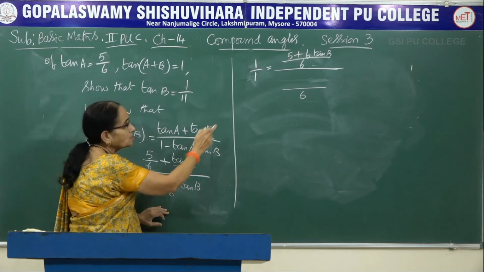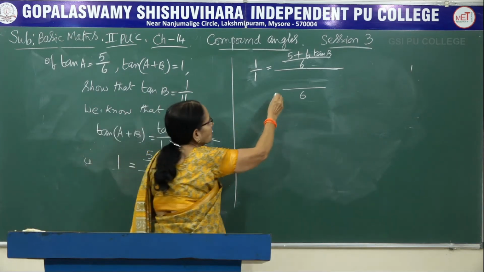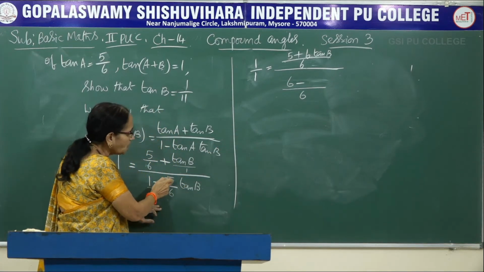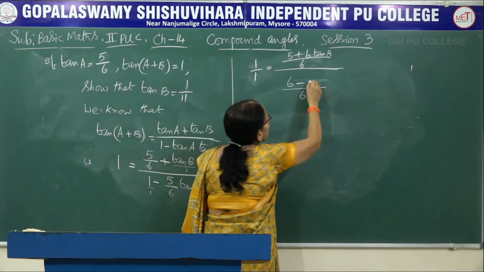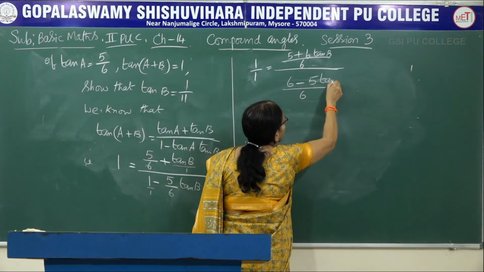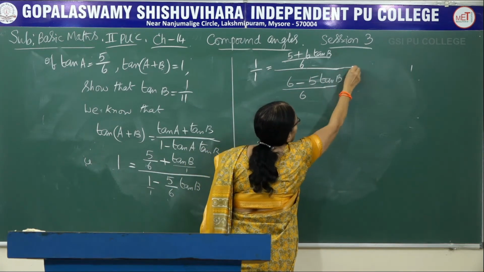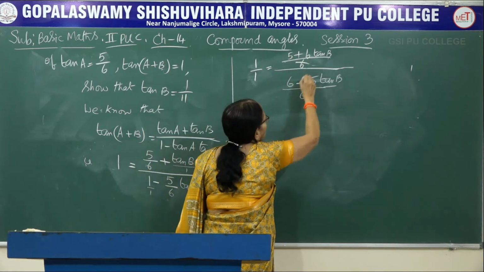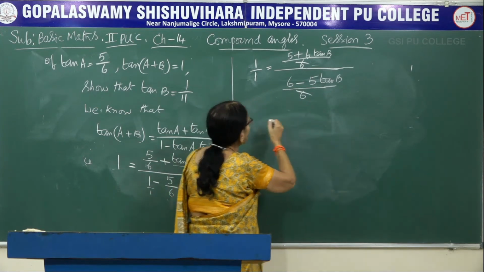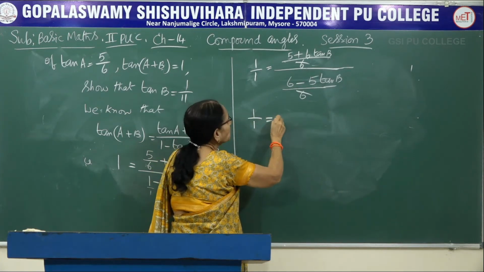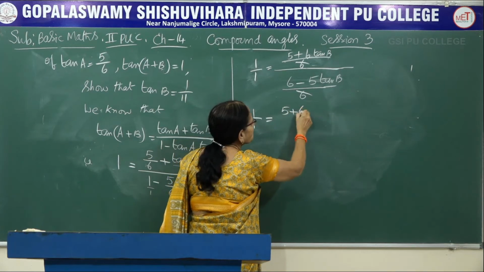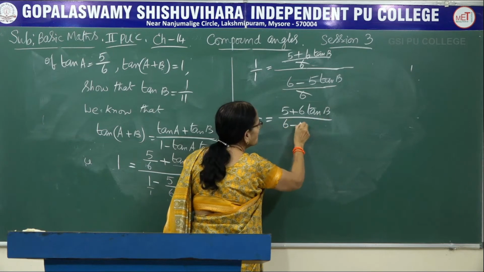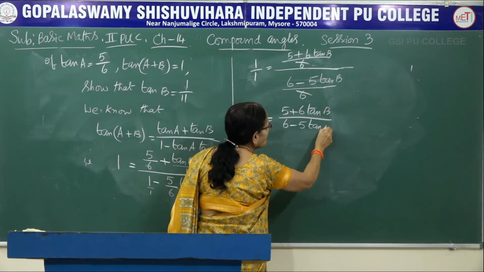Now here 1 6 is 6 into 1 minus 6 ones are 1 into 5 into tan B. So that is 5 tan B. In the previous problem we had 1 there, so it was easier. First step is cancel this 6. After cancellation, what is remaining? 1 by 1 equal to 5 plus 6 times tan B divided by 6 minus 5 times tan B.